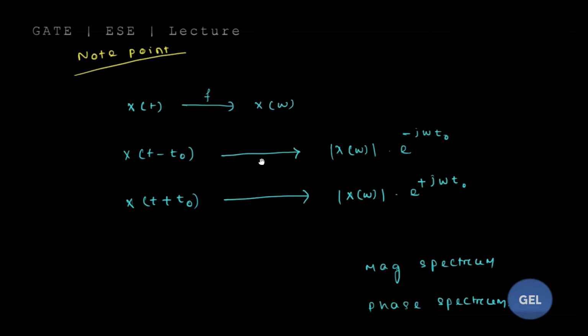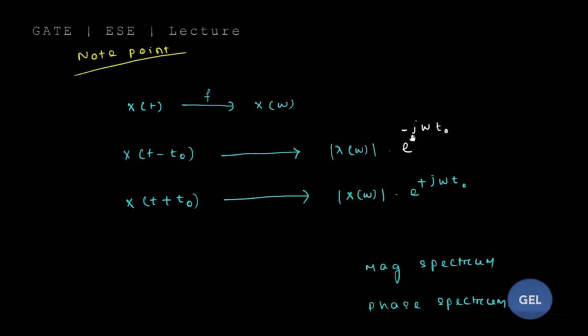We know the property: x of t minus t naught will be nothing but x of omega into e to the power minus j omega t naught.